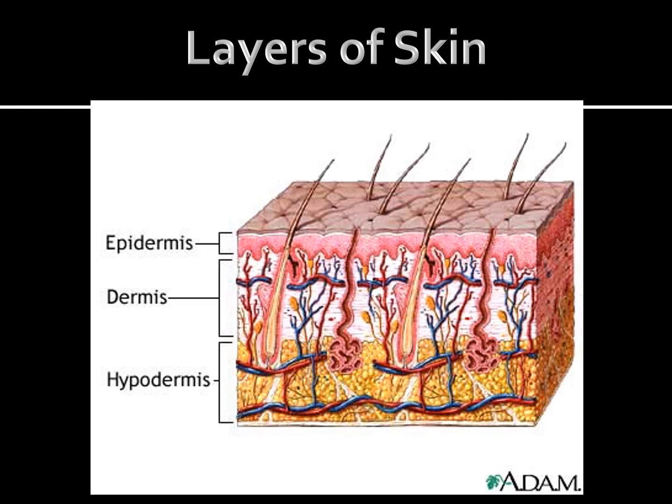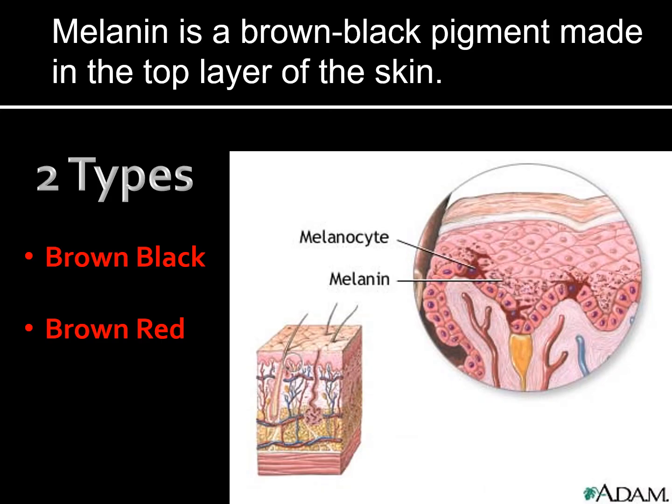And what we're really talking about here is melanin, right? Melanin is what is responsible for the pigmentation of your skin. In the outer layer of your skin, the epidermal layer, you have cells called melanocytes, right? And what they are responsible for is taking vitamin D and producing melanin. Essentially, there are two types of melanin, and every single human on the planet has melanin in their skin.